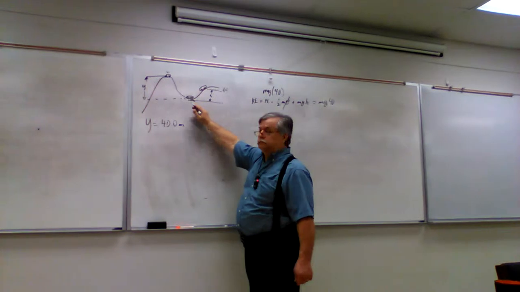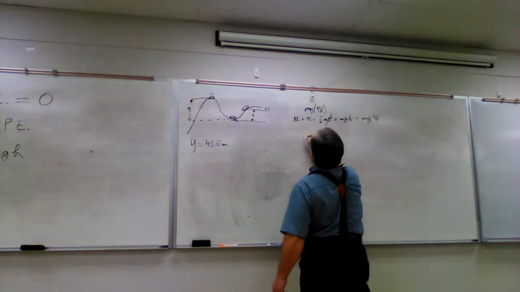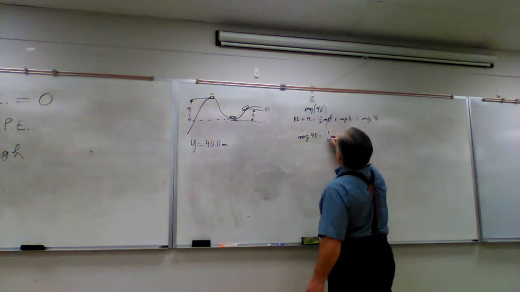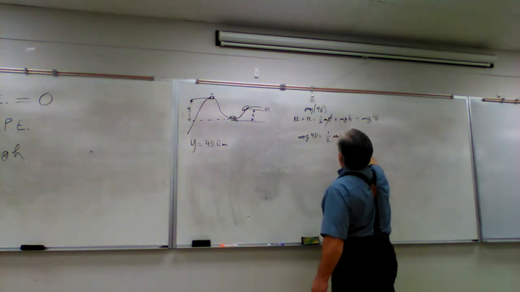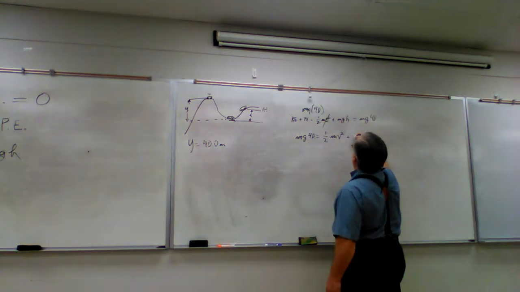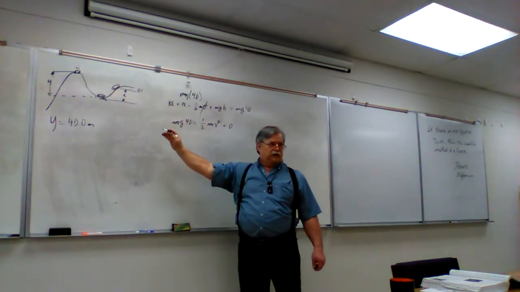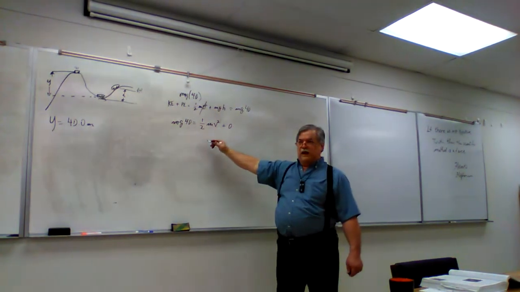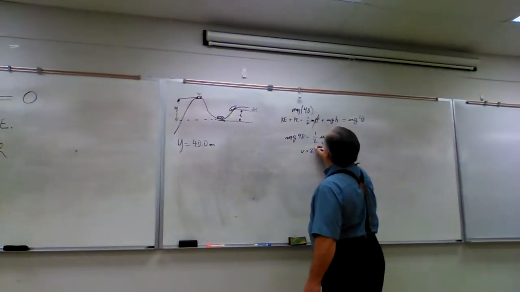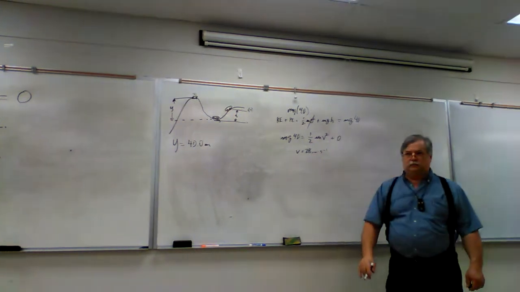At the bottom, the height is 0. So that mg40 is now equal to 1 half mv squared plus this goes to 0. So the total potential energy has been converted into the maximum velocity. That was our 28 meters per second at the bottom.